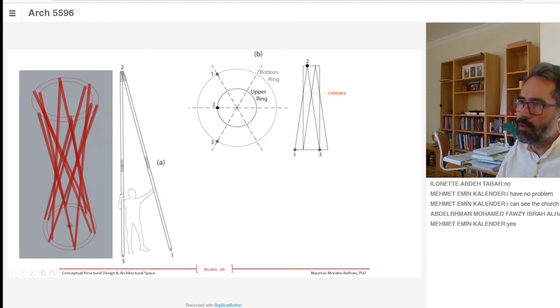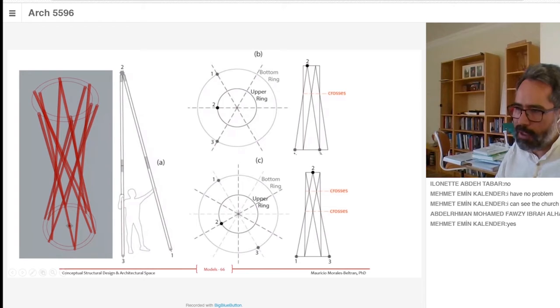If you do it with this orientation, you are going to end up with, let's say, scissors that are crossing at one point here. However, if you take the point 1 in the same position, but instead of putting it here, you move it 180 degrees till here, and then you do the same thing with all the other people, then you have a double cross, which was what we actually wanted to do.